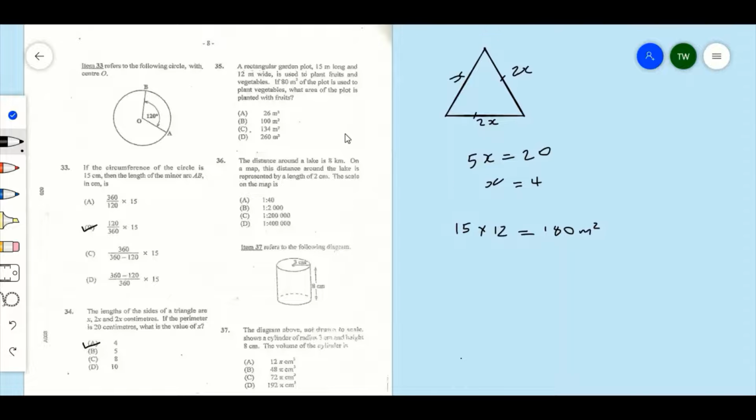Now if they use 80 square meters out of it, then the rest is planted with fruit, so it's going to be 180 minus 80, which leaves us with 100 square meters. So our answer here is going to be B.